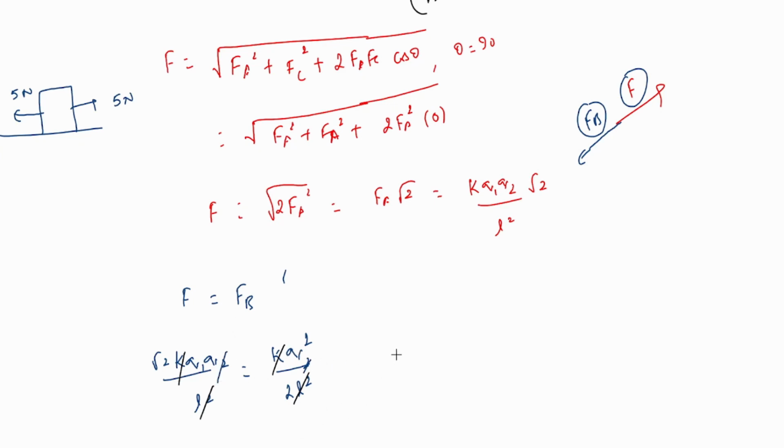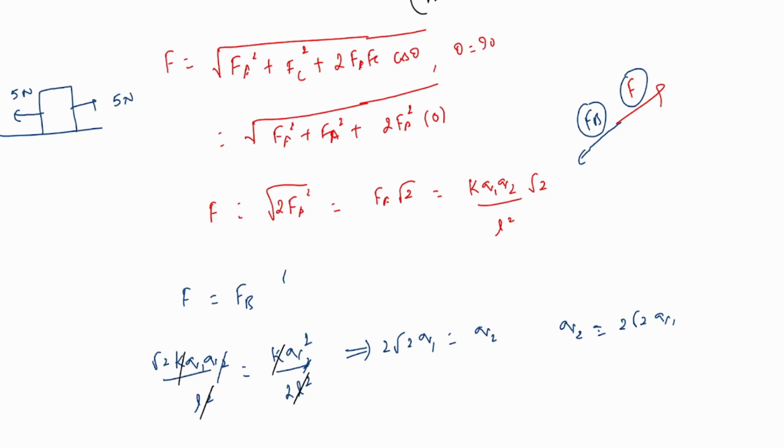So what remains here would be, there's root 2, this implies there's root 2 here, there is Q1, that's equal to Q2 into 2. 2 from here goes this side, becomes 2 root 2. So the answer would be, Q2 would be 2 root 2 into Q1 in magnitude.